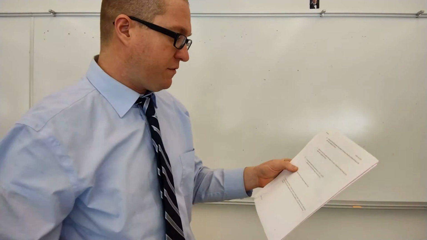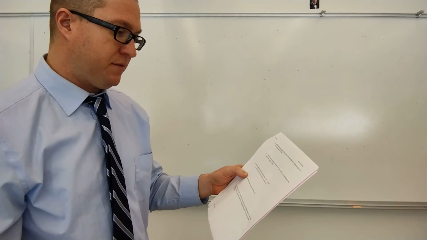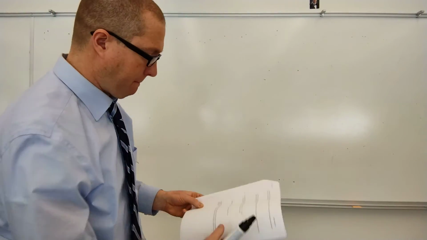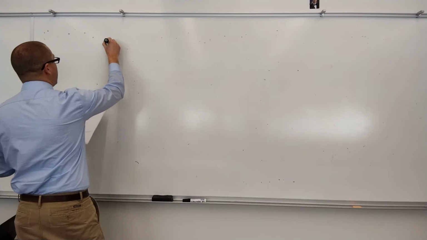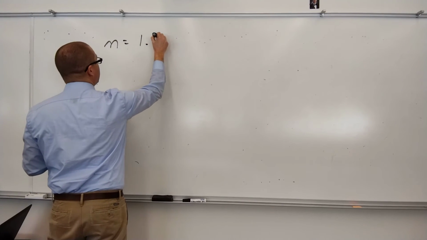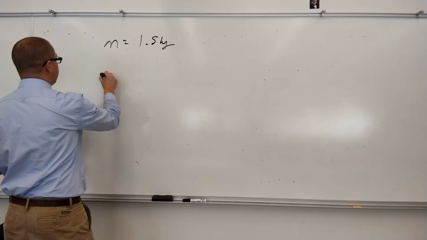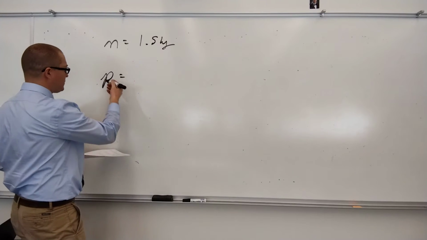So a 1.5 kilogram object moves with a momentum of negative 3t squared plus 6. All right, so the mass of this object is 1.5 kilograms. All right, the momentum function here. And I'm not putting the vector symbol on this right now.